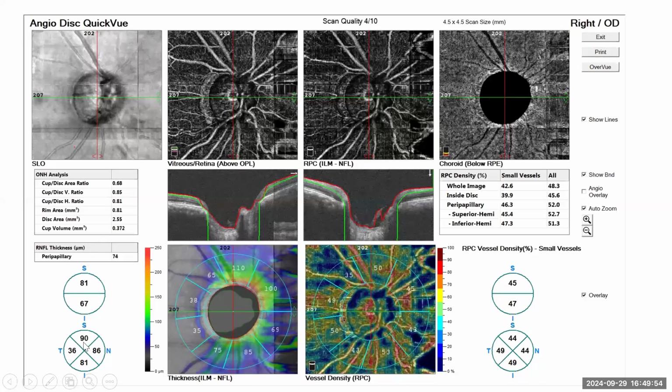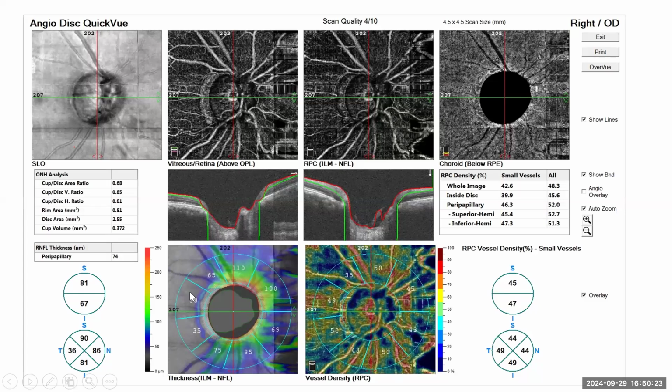Here you see the superior is 90, inferior is 81, nasal is 86, temporal is 36. If you're already judging, you would agree that the nerve fiber layer thickness is reduced even if you don't have a color code here, because the superior and nasal are meant to be around 100, 112, 115, 120 or thereabout.